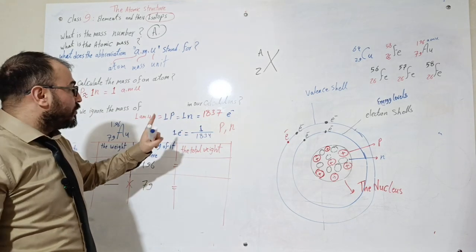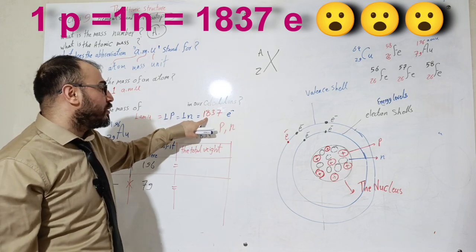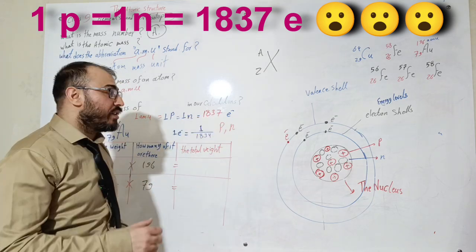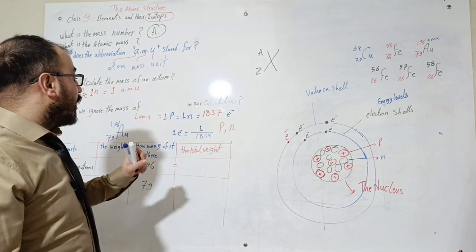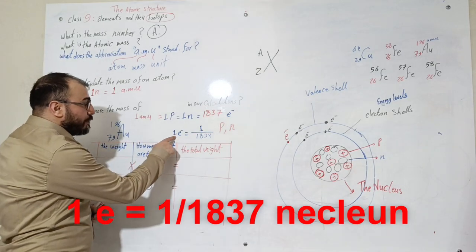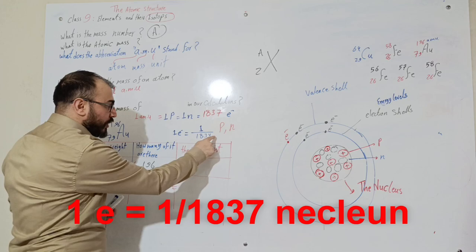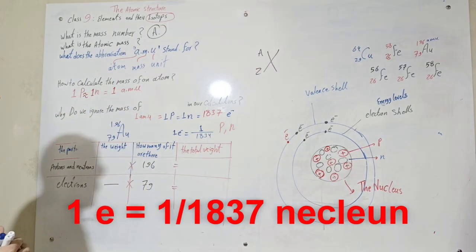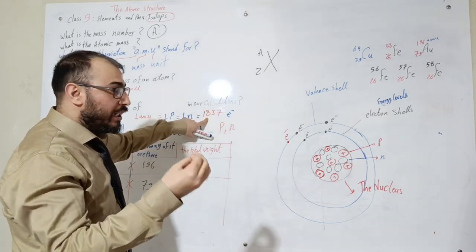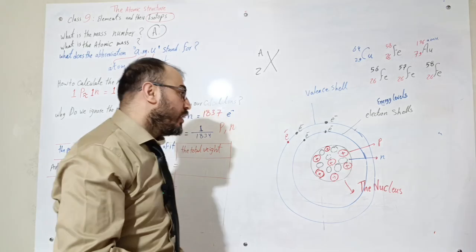We have found that the mass of one neutron or the mass of one proton is equal to the mass of 1,837 electrons, or 1,834 in other references. So what is the relationship here? The mass of one electron is going to be 1 over 1,837 of a proton or neutron. So we need 1,837 electrons in order to have the mass of one proton or one neutron.